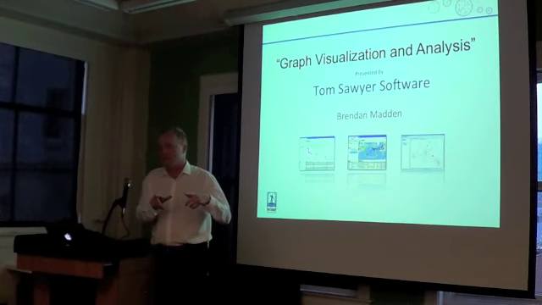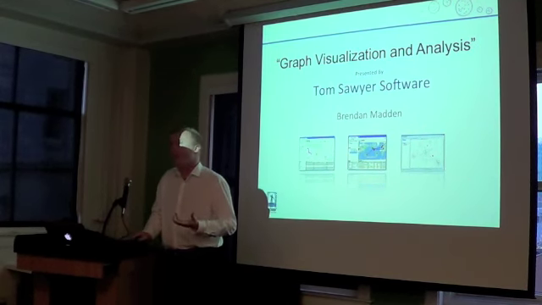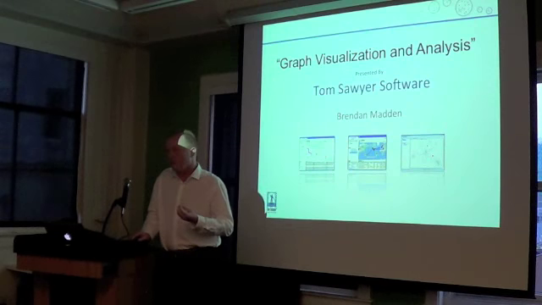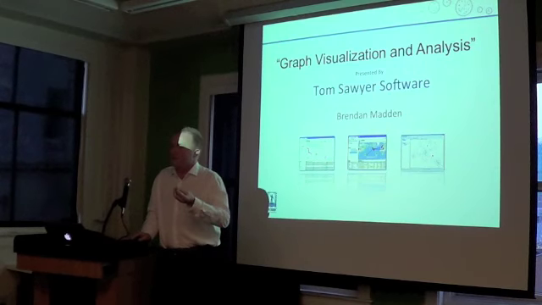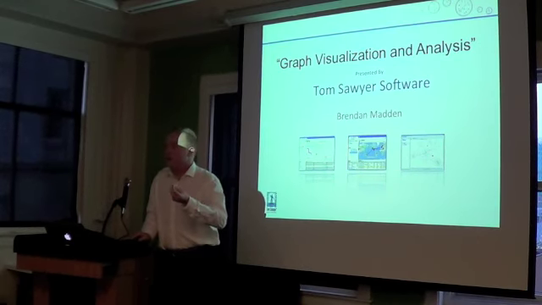In graphs, what you have is a set of nodes or vertices, and simple graphs have sources and targets, so you can have directed graphs where the link direction matters.